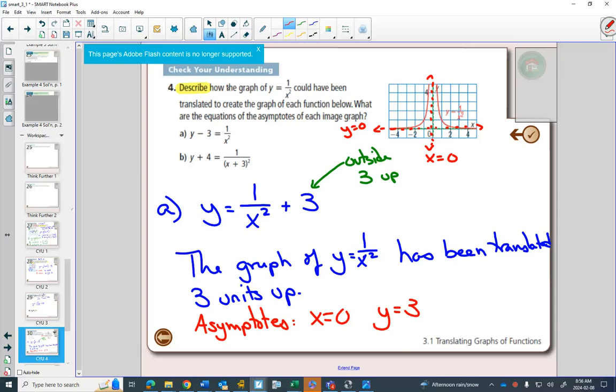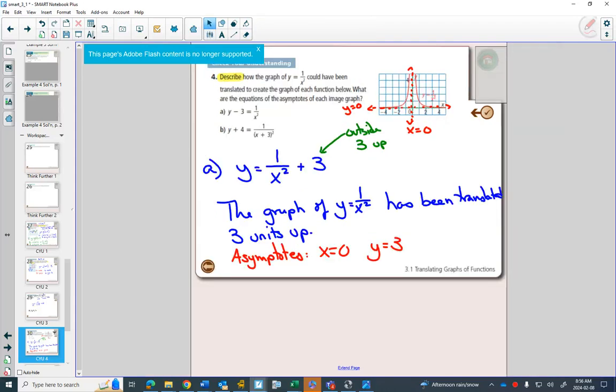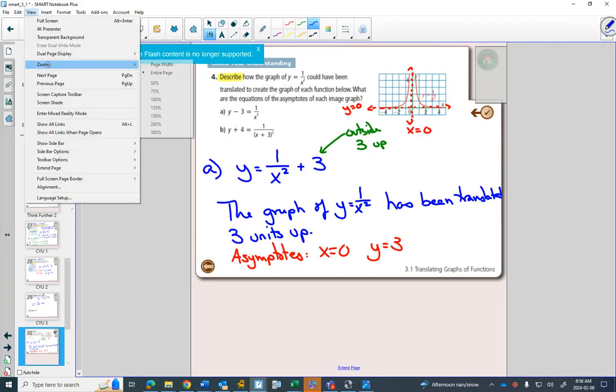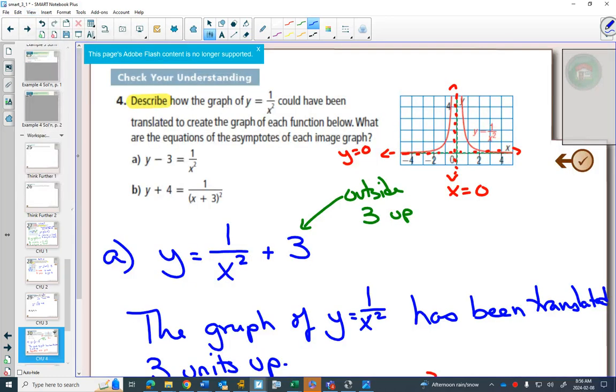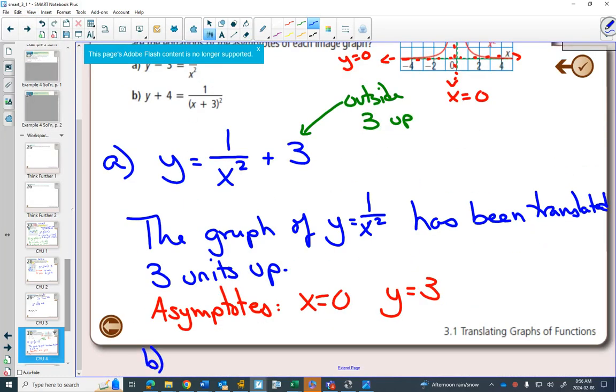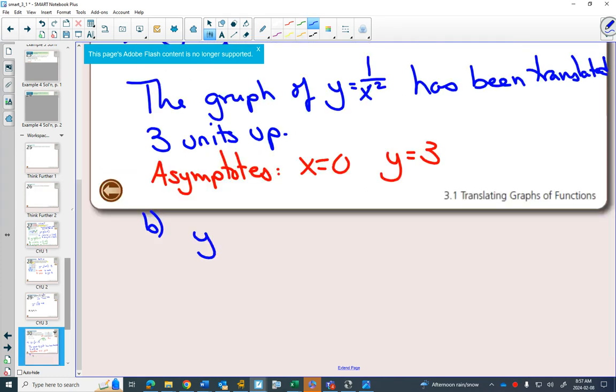And then in part B, again, I would take the time to rewrite this. So the y is by itself. We have 1 over x plus 3 squared plus 4.